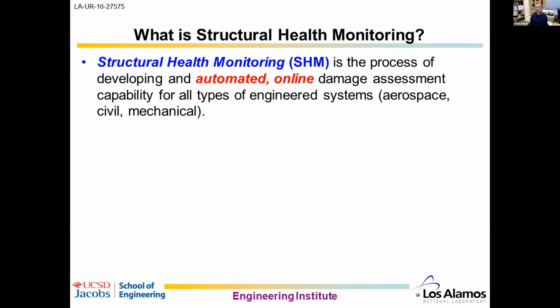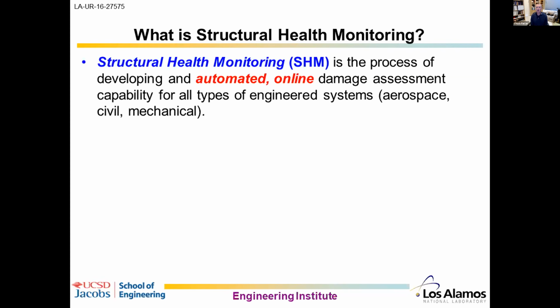So first of all, a lot of times when I'm with a group of people working in the structural health monitoring field, and if I actually ask them to define what structural health monitoring is, I don't get a consistent definition. So I'm just going to give you the definition that I use.